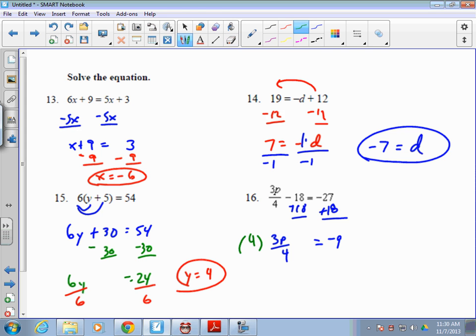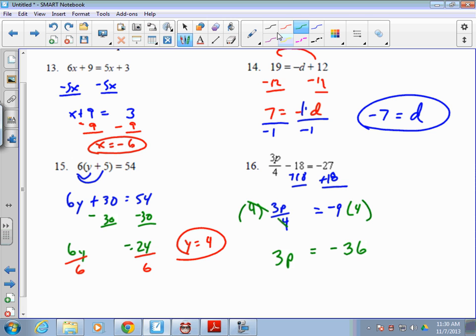So that'll cancel it out and leaves you with 3p equals, a positive times a negative is, -36. Then get rid of 3 times something by dividing by 3 on both sides. And p is -12. You could have saved yourself a step by separating 3p over 4 into 3/4 p and multiplying by the reciprocal, but we still get to the same answer. P is -12.